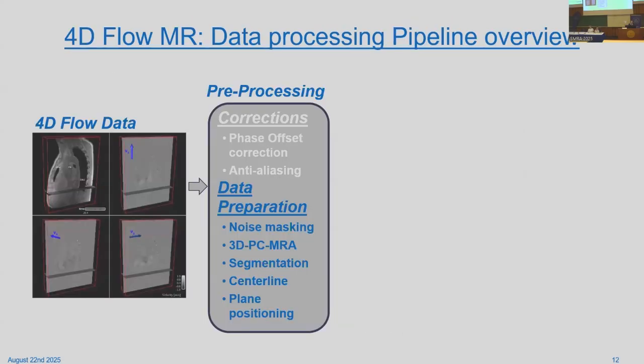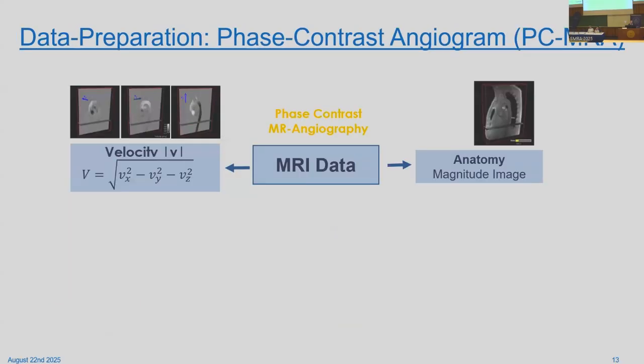So we already have seen that we can correct phase offset, anti-aliasing, and noise. The next step typically is the calculation of the phase contrast angiogram. Again, we have several methods of doing that. Some methods work well for intracranial, others work better for the liver, and the next work better for the aorta.